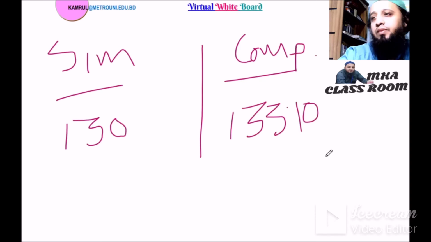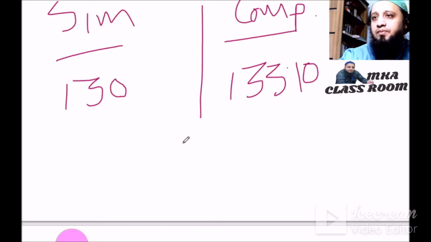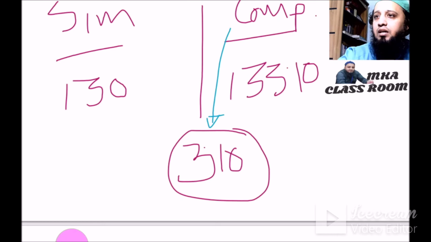So the difference is 3.10 taka. The compound interest rate shows 3.10 taka more.